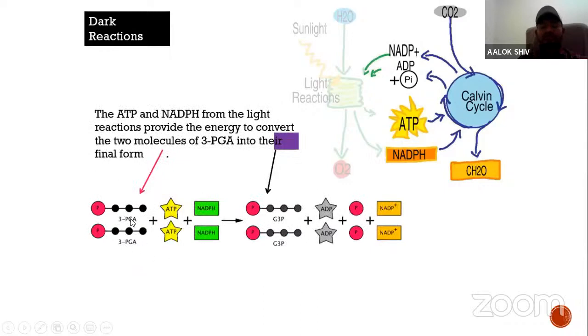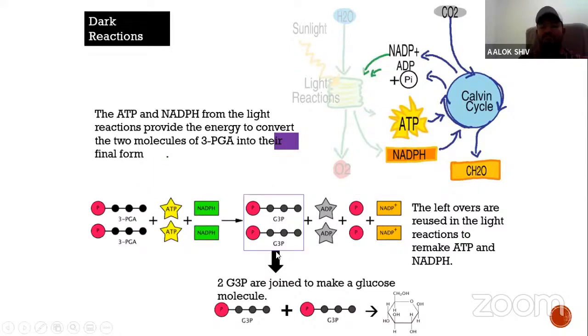And phosphoglyceric acid, in the presence of ATP and NADPH, converts into G3P, where these G3P molecules join and form glucose. So this is, in short, the dark reaction. Whatever ATP has been synthesized during the light reaction is utilized by the plant to convert PGA into G3P, and this G3P will combine and form the glucose molecule.